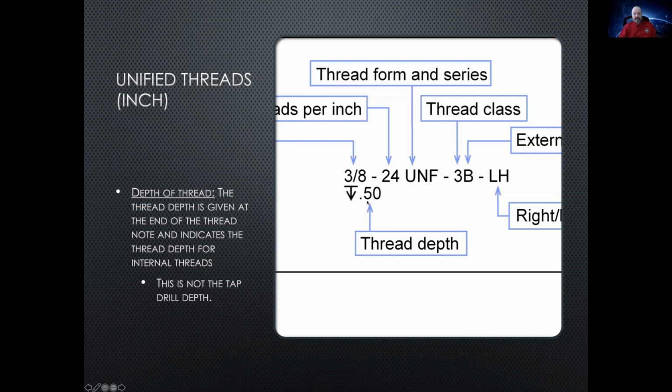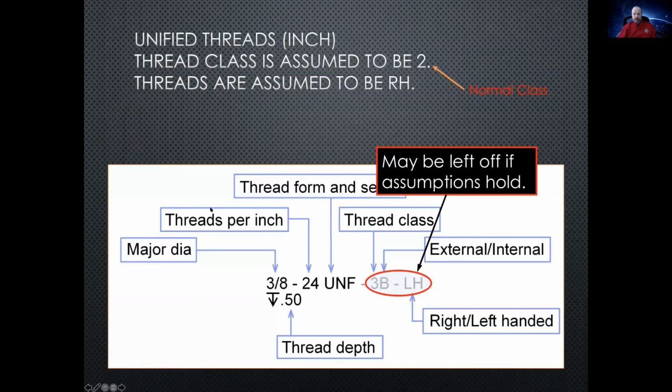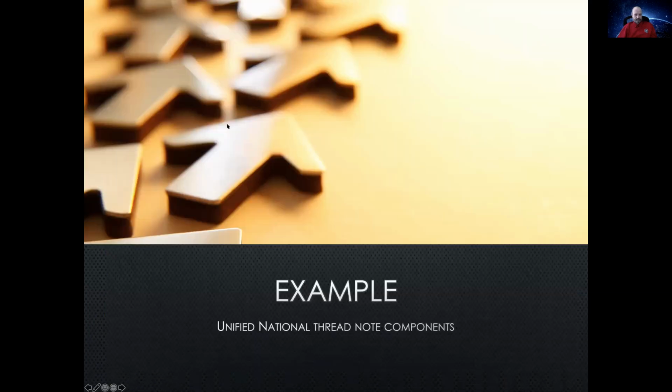So if the thread depth is 1/2 inch, and then you've got a 1/4 inch at the beginning of your tap, then you'd have to go 3/4 inch in with your pilot hole to get your thread started. Okay, so thread class is assumed to be 2 if it's not in the unified thread note. So if there's nothing there, it's a 2. And everything is considered to be right-handed unless otherwise noted. Okay? All right, let's do some examples.